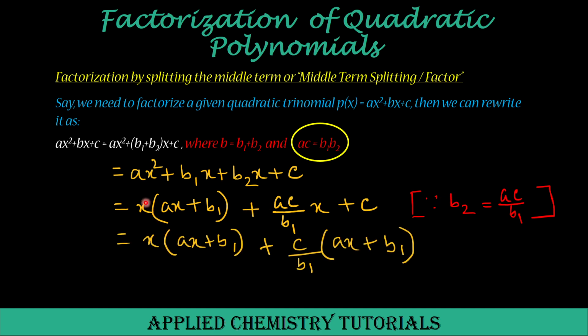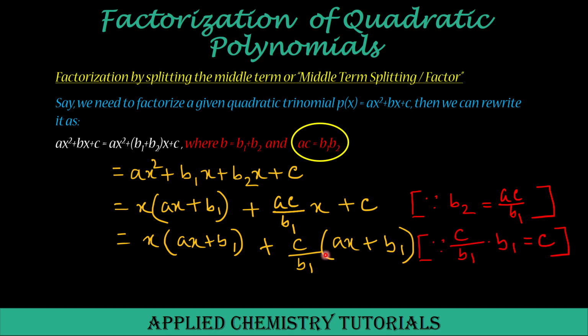So we keep the first two terms as they are, x multiplied by (ax plus b1), and from the third and fourth terms we can take a common factor out, so c over b1 multiplied by (ax plus b1).